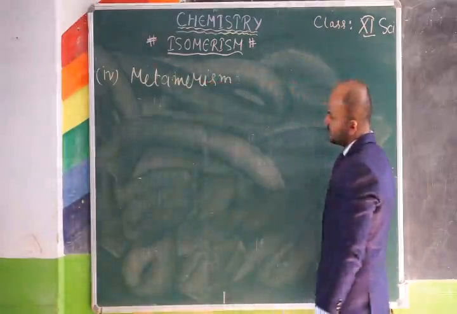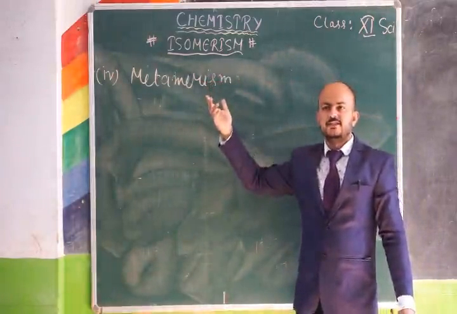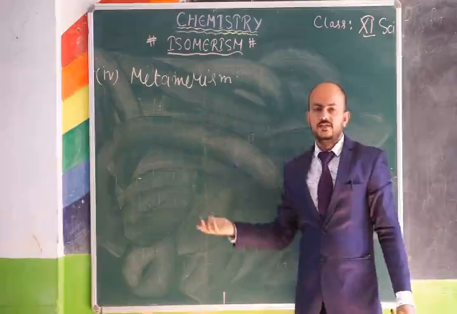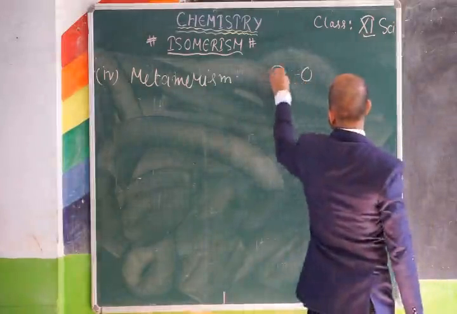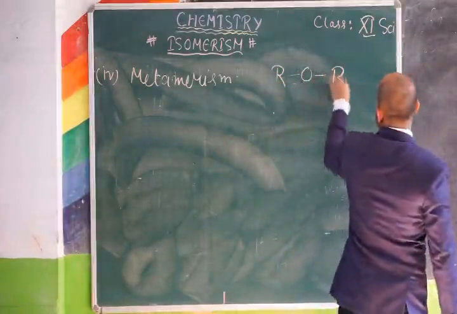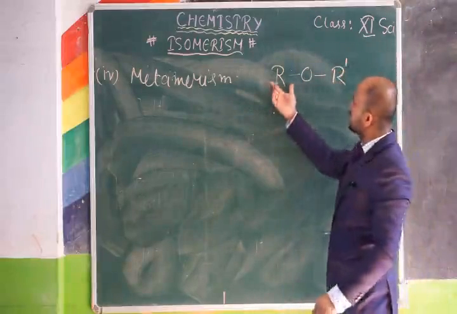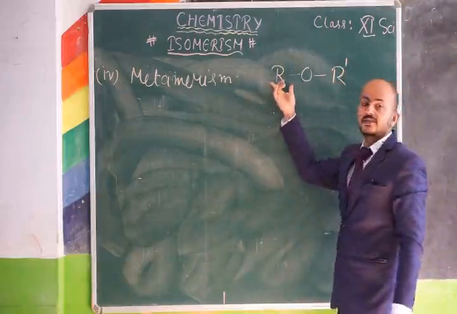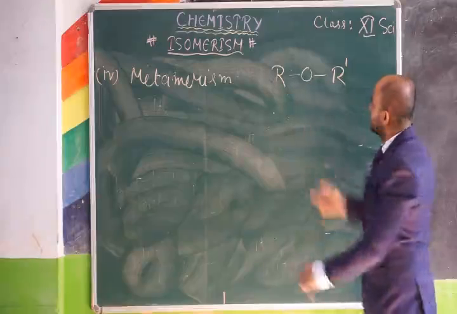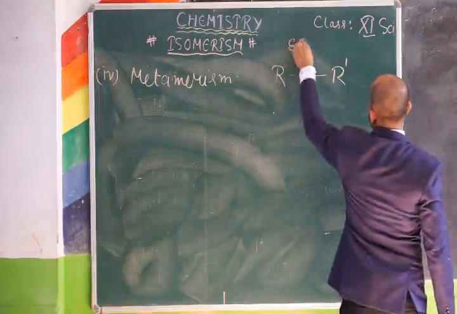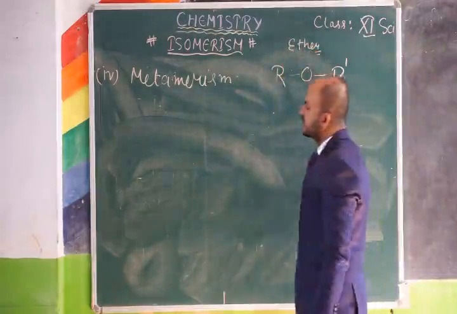In this type of isomerism, what we see is that in ether we have two sides. You have such compounds where you have R and R. Here there is a difference in the number of carbons attached in the alkyl groups. This is ether; just now we saw the example of ether. This metamerism is mostly found in ether compounds.